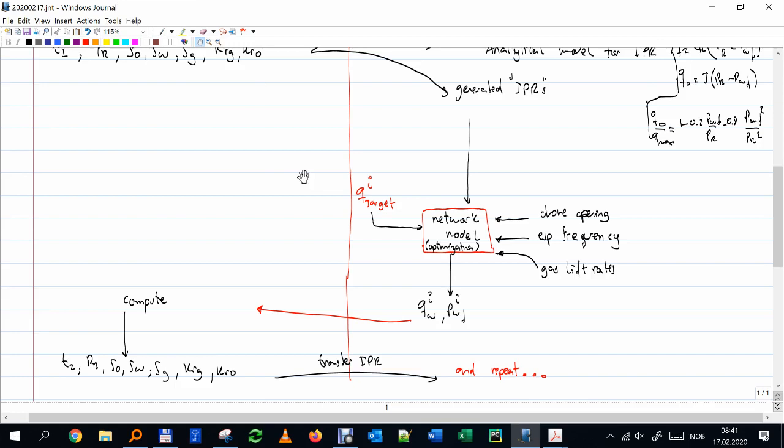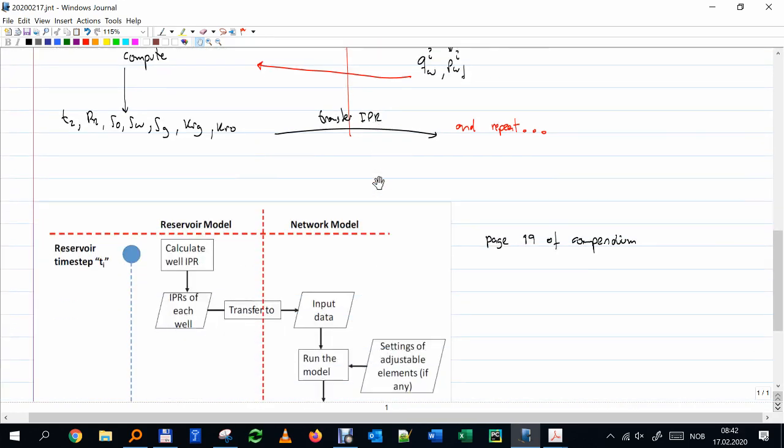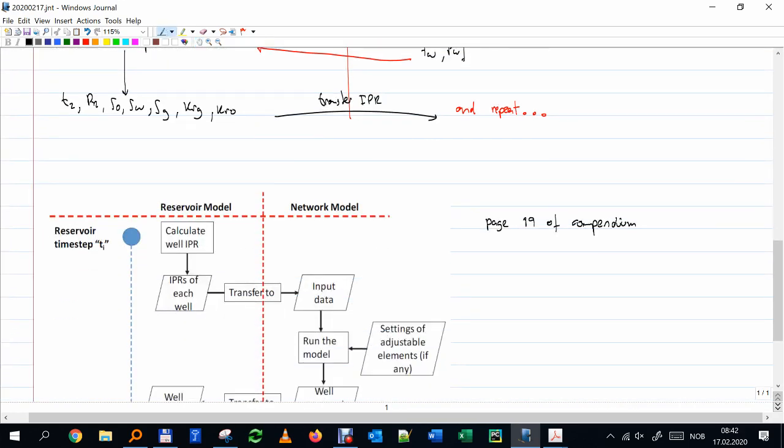I can also have implicit coupling. Okay, and there are different methods to do implicit coupling.